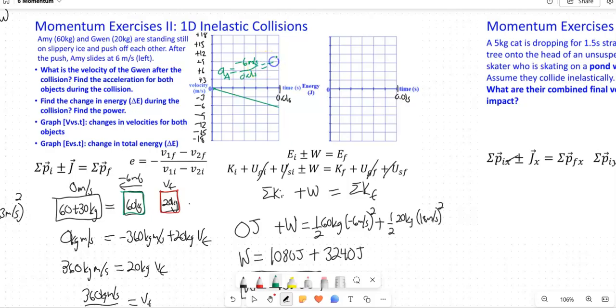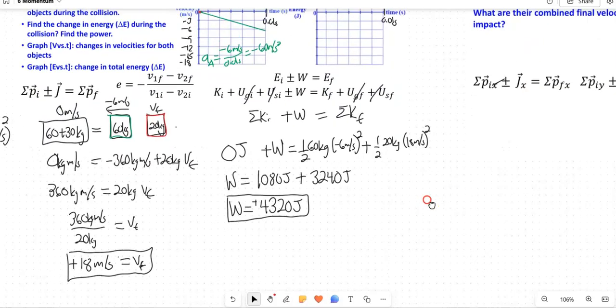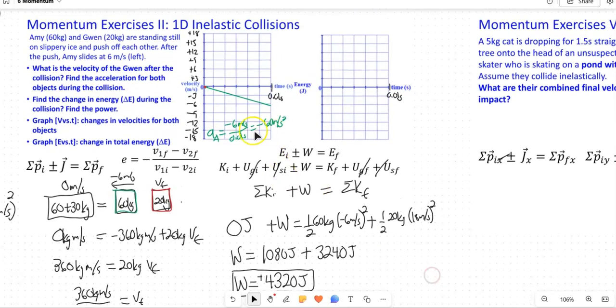So this is going to be a negative 60 meters per second squared. Gwen starts out at 0 and ends up at positive 18 meters per second. So before I do that, I'm going to move Amy's stuff down. Give me one moment.